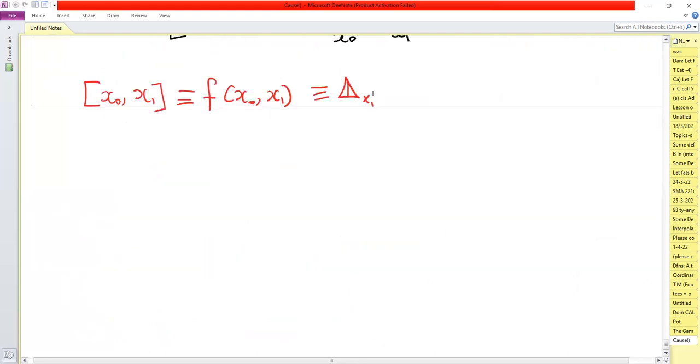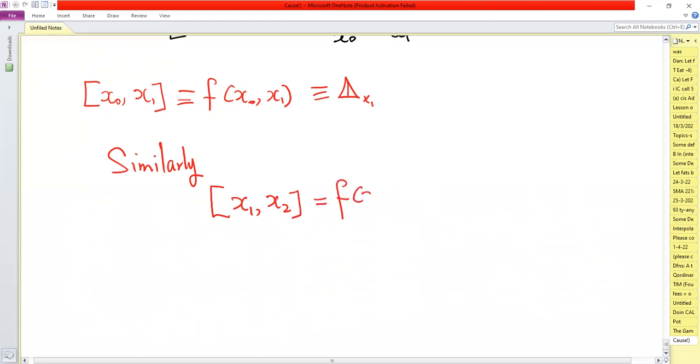Similarly, we can define the first divided difference of arguments x1 and x2 as the value of the function at x1 minus the value of the function at x2 divided by x1 minus x2.